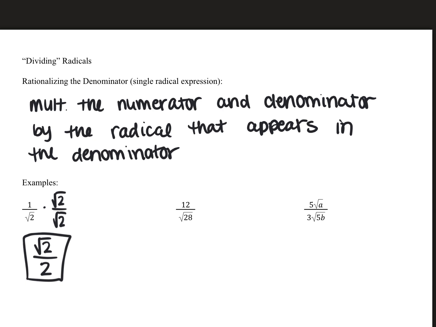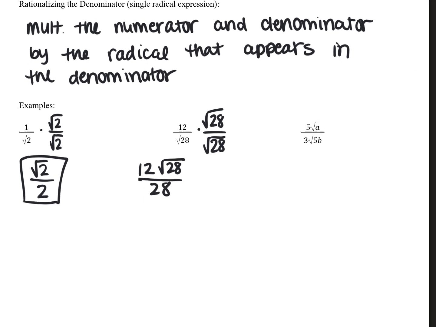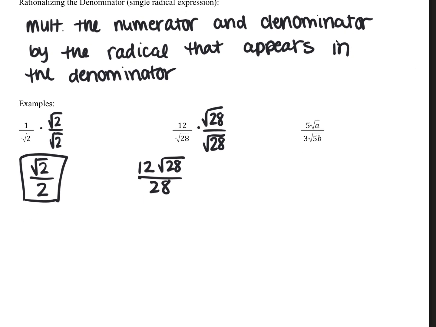My second example, I have 12 over radical 28. So I'm going to multiply the top and the bottom by square root 28. My numerator becomes 12 square root 28, and my denominator is just 28. Now, I do have to do some simplifying here. There are 2 things I have to simplify: I have to check to see if the radical simplifies, and I have to simplify the 12 and the 28.